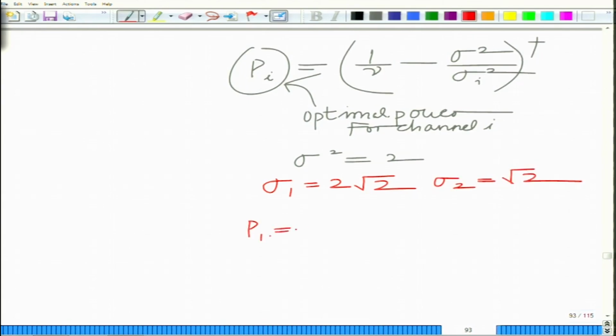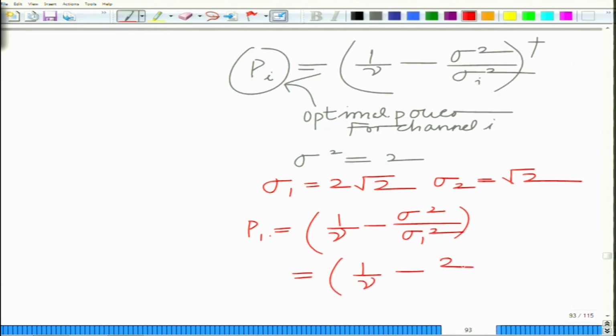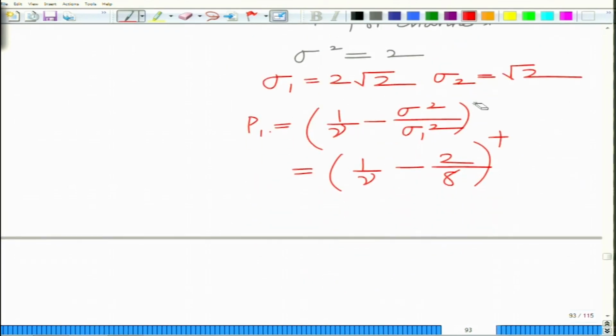So, P1 equals 1 over nu minus sigma square by sigma 1 square, which equals 1 over nu minus 2 divided by 2 square root 2 whole square, which is 8, plus, of course. Which means this quantity if it is greater than or equal to 0, or it is 0 otherwise, which is basically 1 over nu minus 1 over 4.